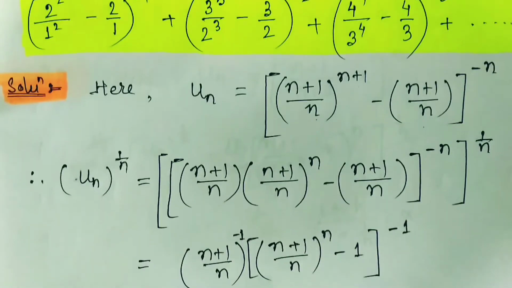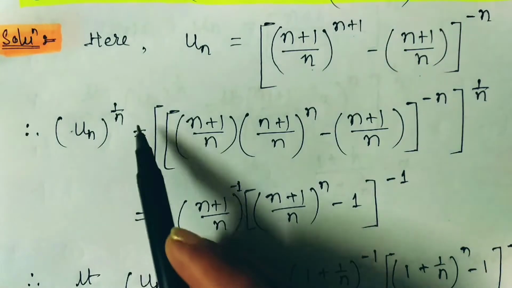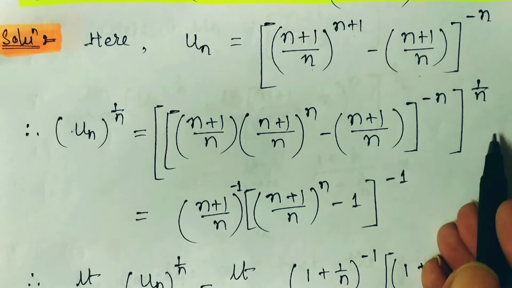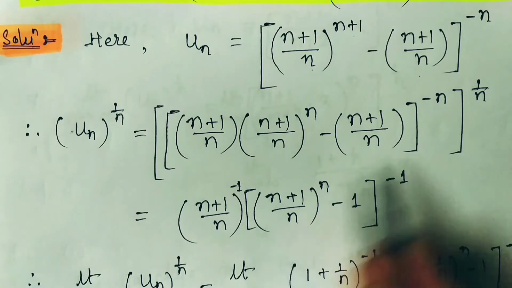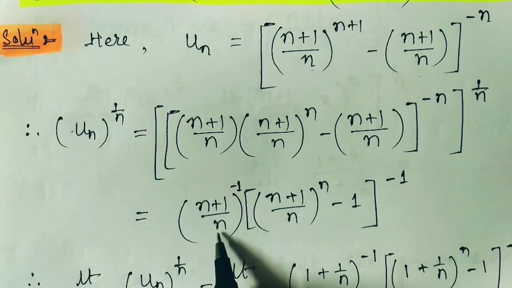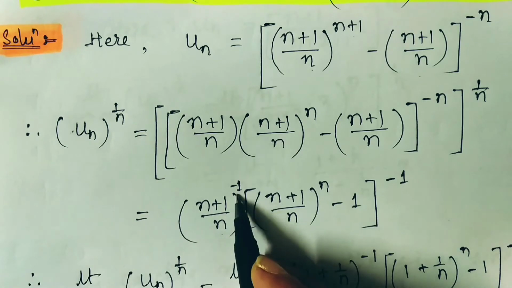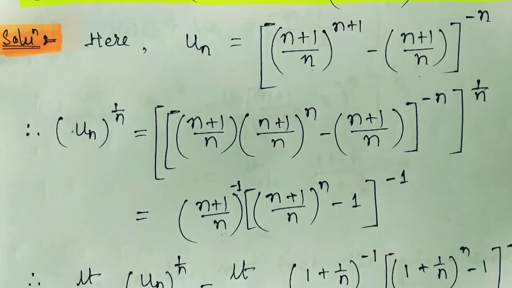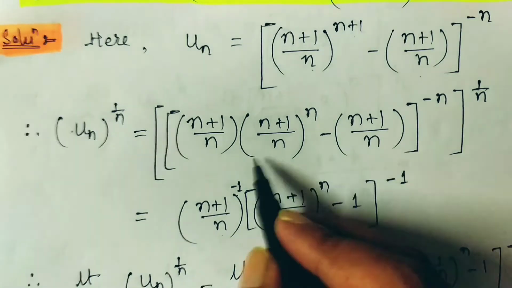From here we can easily find un to the power of 1 by n. We just take the entire power as 1 upon n. So if we simplify, then we find it is n plus 1 by n to the power of minus 1. Why is it? Because just look, this n plus 1 by n is common in both terms.